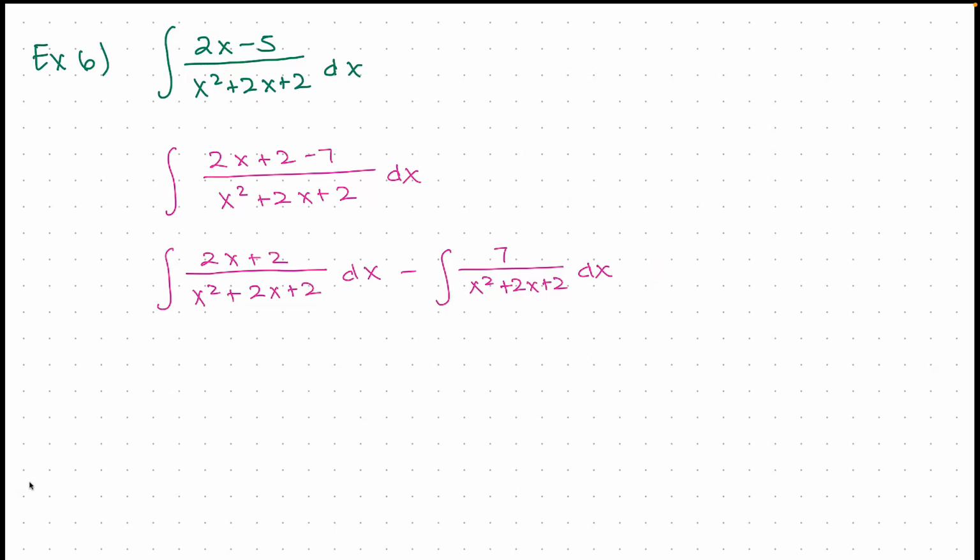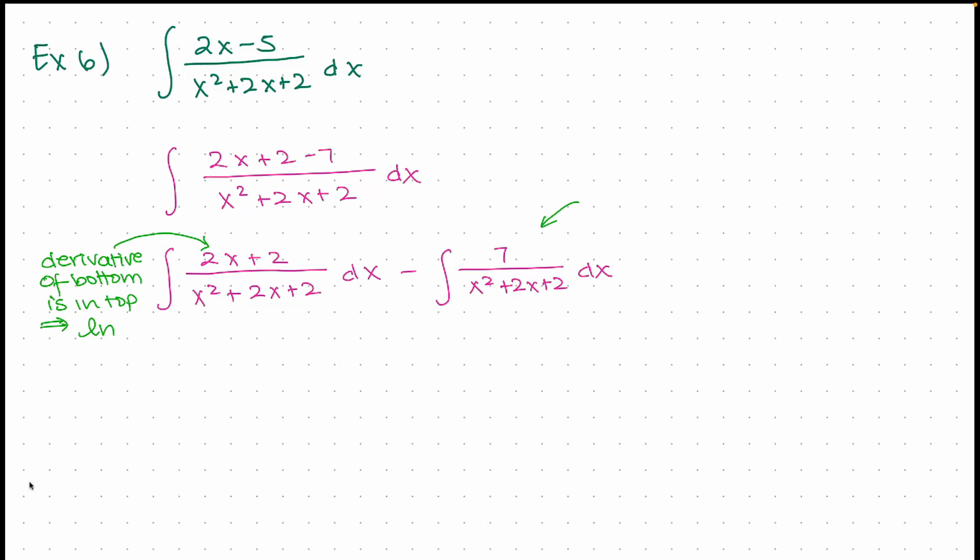And remember, there's how I got here and why I got here. The reason why I did this was so this first numerator is the derivative of the bottom. The derivative of the bottom is in the top, so that means it's a natural log problem.